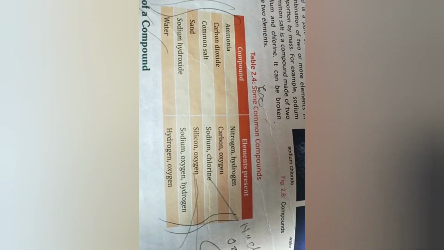So when you break water, you will again get these two elements, that is hydrogen and oxygen. Some common compounds are given in table 2.4.